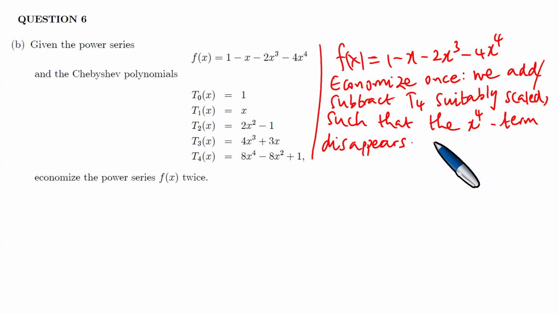This is the story, and this is our story. To economize once, we add or subtract T4 suitably scaled, such that the x to the fourth term disappears. So to economize, we need to first get rid of the x to the fourth power, which is the highest one, and then we would have to economize twice, so we would have to also remove the cubic term there.